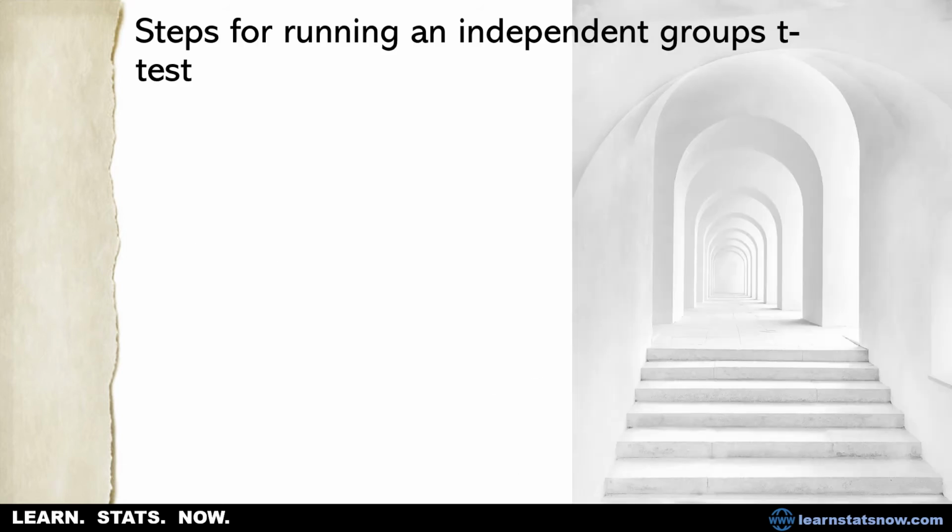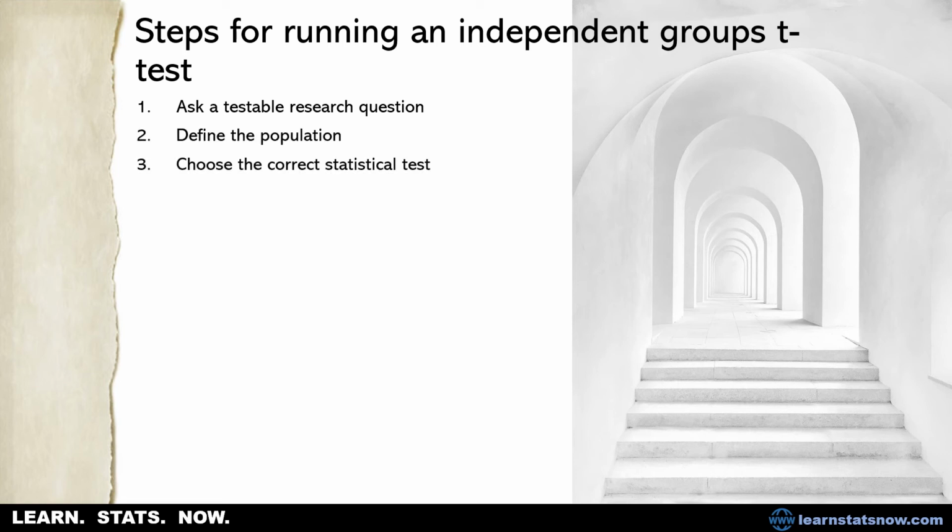Okay, steps for running an independent groups t-test are very similar to what we did for one sample t-test, and we'll be going through these steps prior to running tests in the future so that you can see that there's a consistent way to go about running statistical tests. So we're going to ask a testable research question. We're going to define the population, and then we're going to choose the correct statistical test.